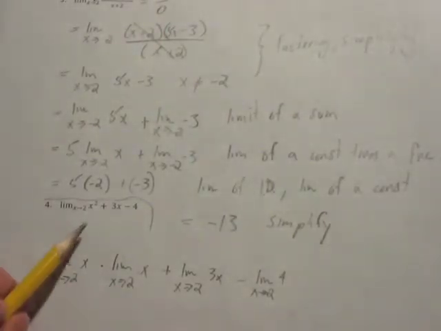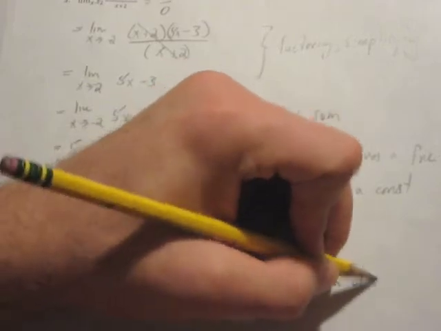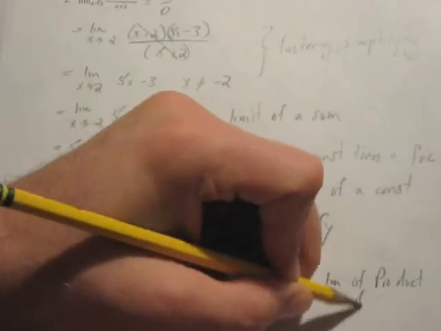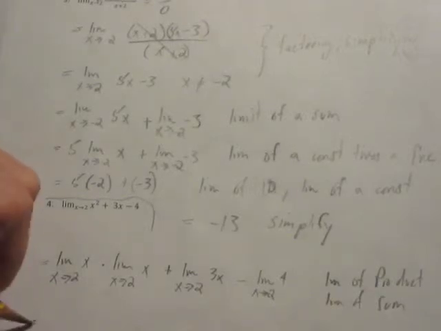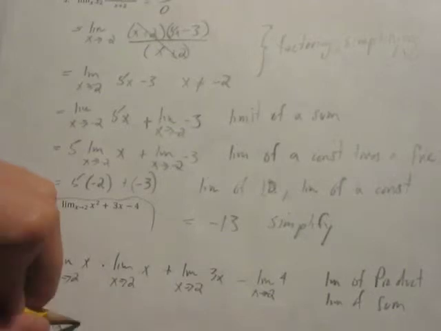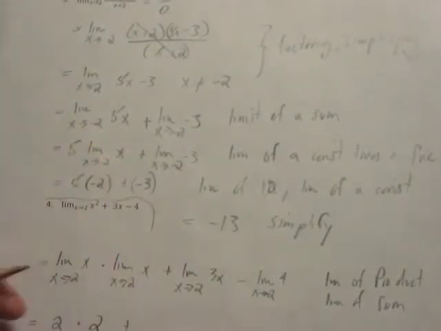And I used two properties there. One is the limit of a product, because x squared is x times x. So limit of a product, and limit of a sum to split these all up. And then I can do a couple at the same time again. I'm going to use limit of identity, so this is 2. Limit of x as x approaches 2 is also 2, of course.